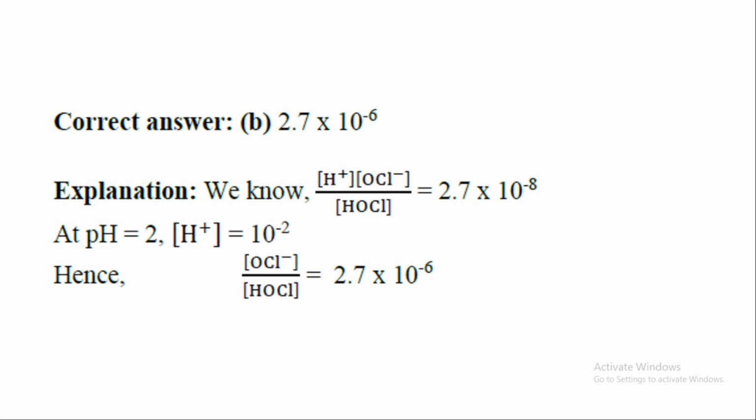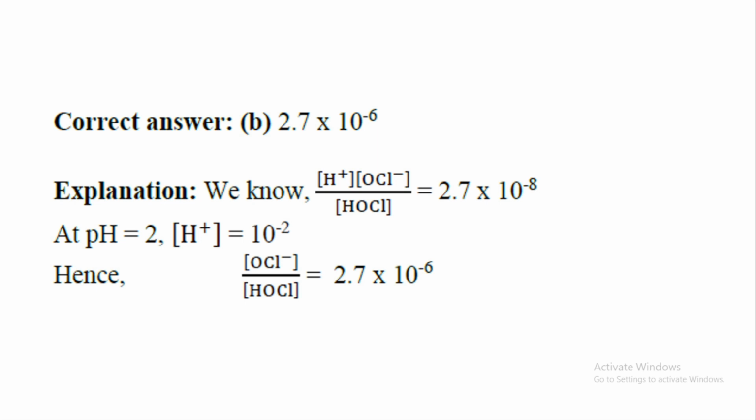Now Ka is equal to 2.7 x 10^-8. This is equal to the H+ ion concentration multiplied by the OCl- concentration divided by HOCl. The H+ ion concentration is 10^-2. So the OCl- concentration divided by the HOCl concentration will be equal to 2.7 x 10^-8 divided by 10^-2.